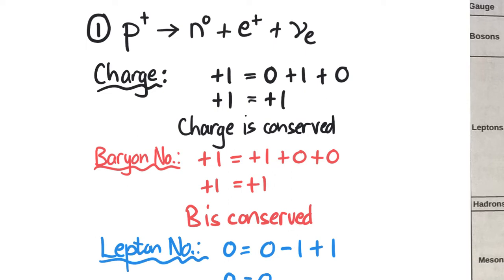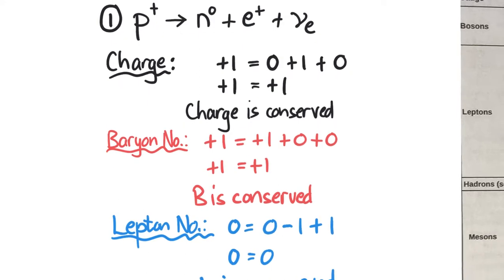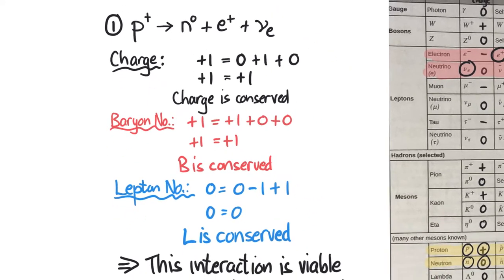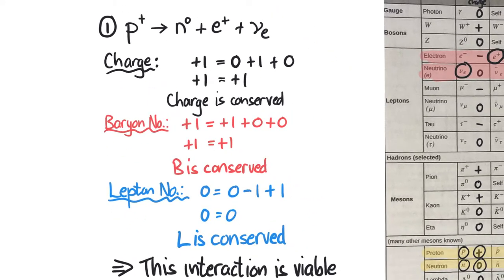When we look at the lepton number for each of these, we see that the proton has a 0 lepton number because it's a baryon. The neutron is a baryon, so it has a lepton number of 0. The positron has a lepton number of -1, and that's because it's the antiparticle to the electron, which has a lepton number of +1.